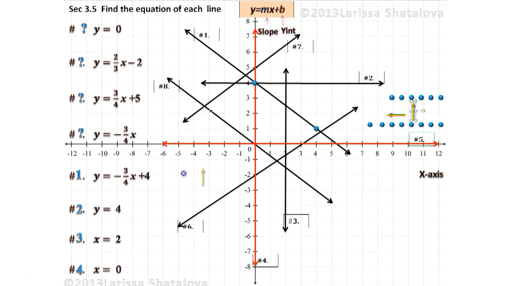Graph number 5. What do we have here? X is changing all over, but y-intercept is 0. Y-coordinate for all of these points is 0. This is y equals 0.